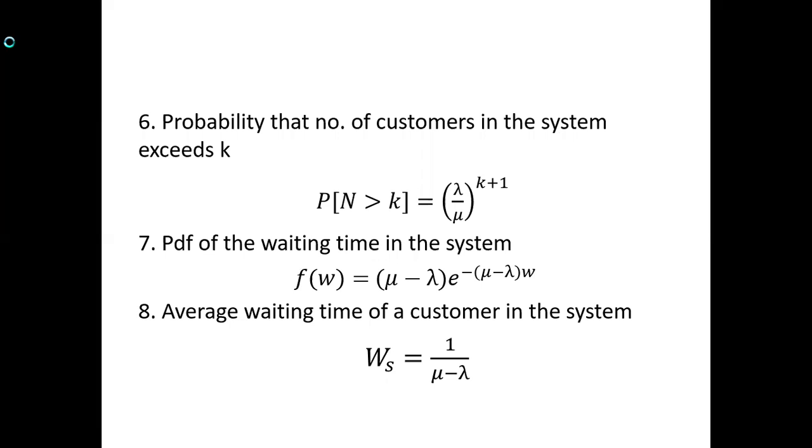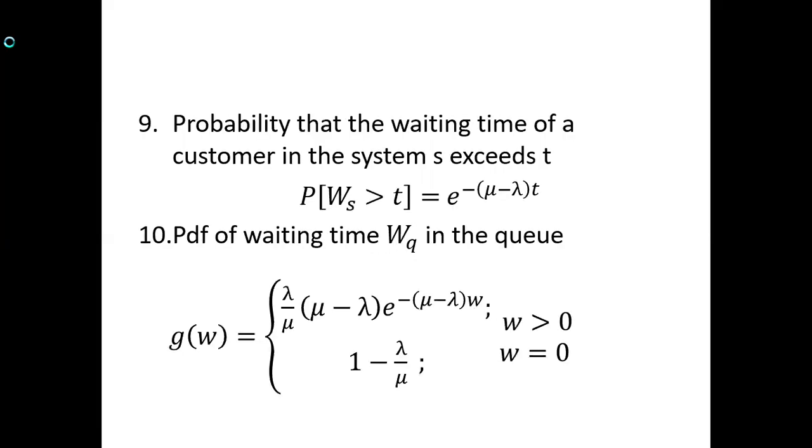The average waiting time of a customer in the system, WS, waiting time in the system, is given by 1/(mu minus lambda). Probability that the waiting time of a customer in the system exceeds T is P(WS greater than T), given by e^(-(mu minus lambda)T).